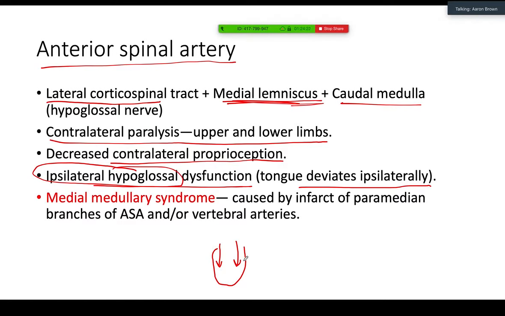If we had some sort of infarct on one side of the nerves that provide stimulation to those muscles, what's going to happen is the other muscles are going to kind of win out and push the tongue in the opposite direction.